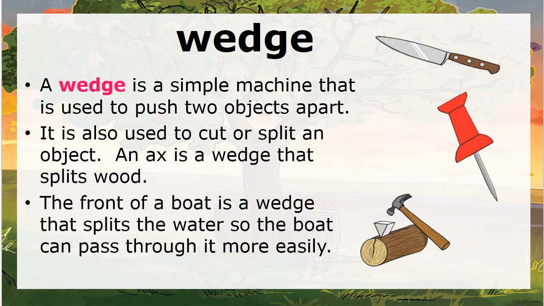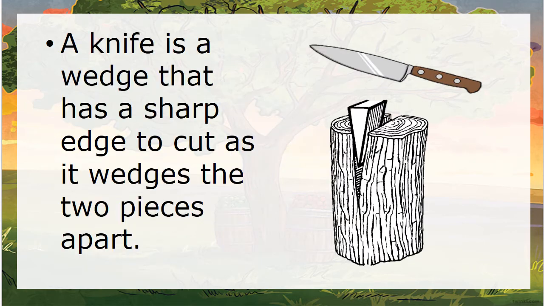The front of a boat is a wedge that splits the water so that the boat can pass through it easily. A knife is a wedge that has a sharp edge to cut as it wedges the two pieces apart.